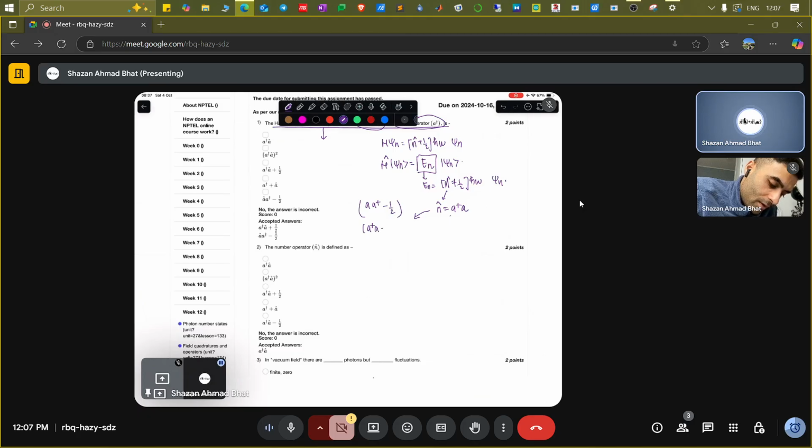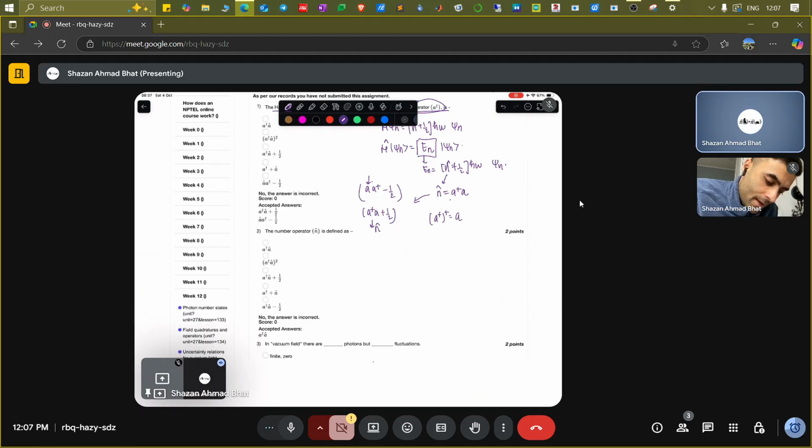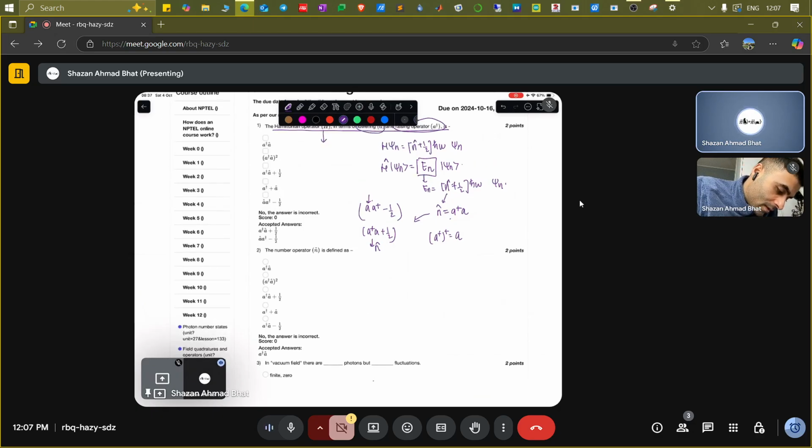Otherwise, you'll have the positive sign in the case of this n. So a dagger a is basically the number operator, not this one. This is almost like a conjugate, because if you take the conjugate of a conjugate, it gives you back the previous operator. So the answer to this question is a dagger a plus 1/2, and this is the number operator.